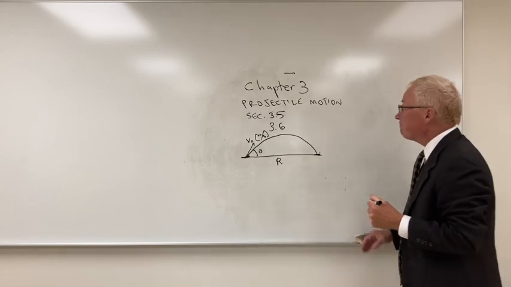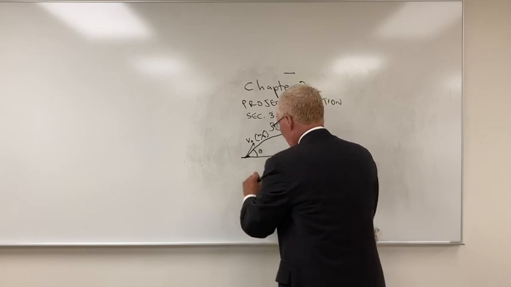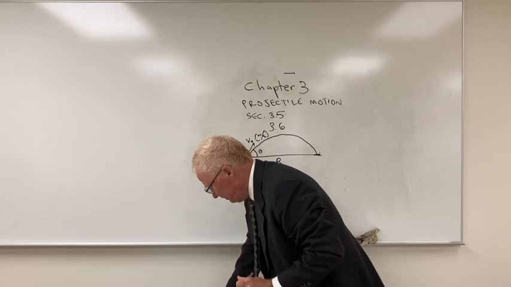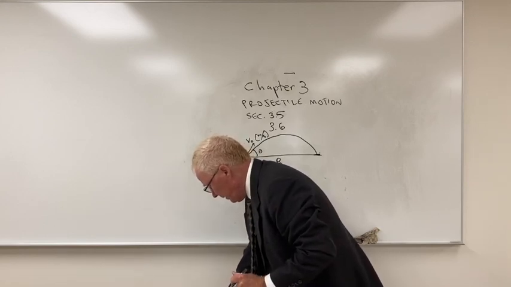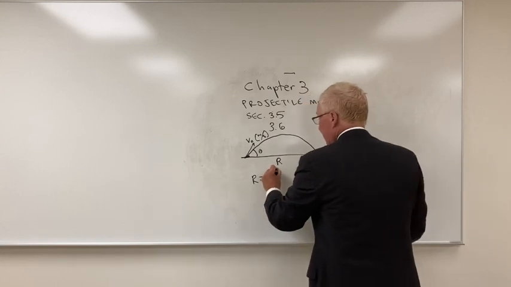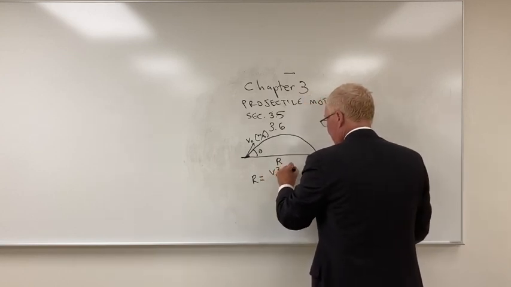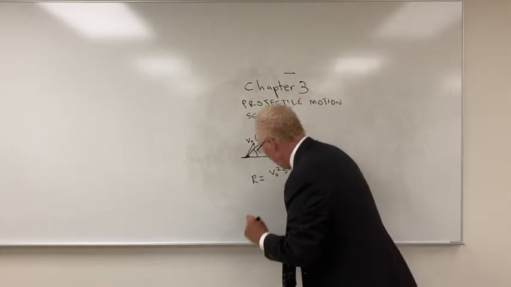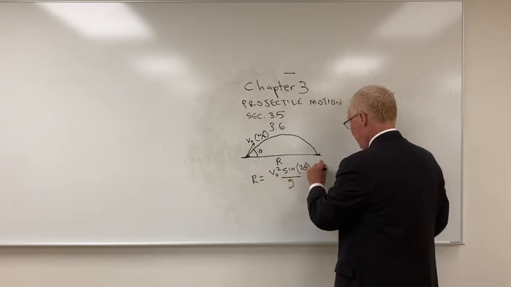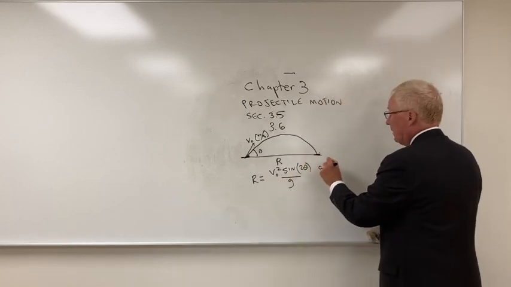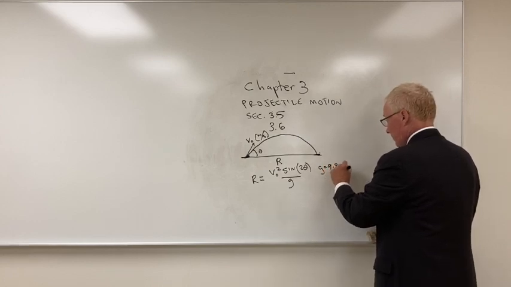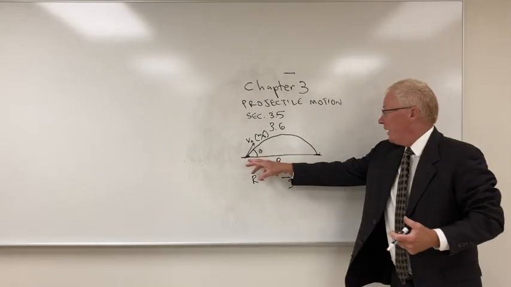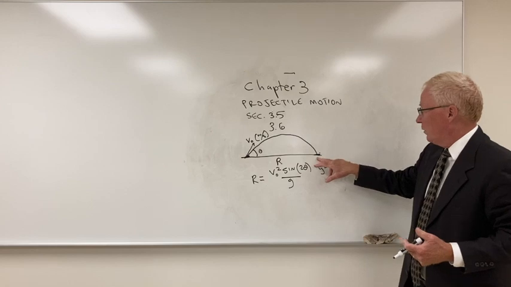In this case, range is given by the expression v0 squared times the sine of 2 theta, so it's twice the angle, over g, where g is, we'll be using a positive value, 9.8 meters per second squared. Right, so that's the equation there. Again, the range is the distance horizontally to where it lands.